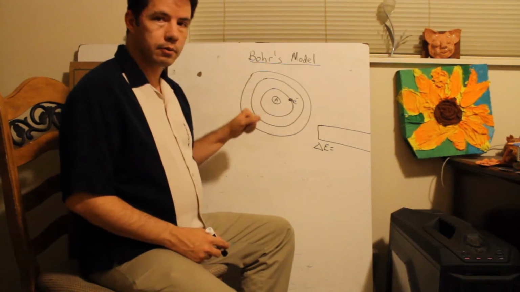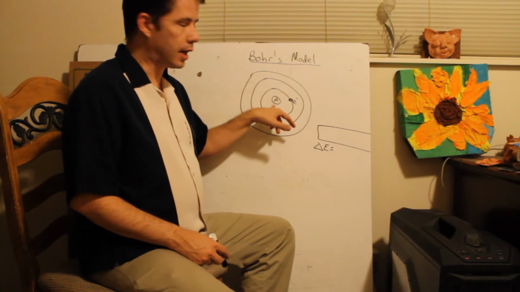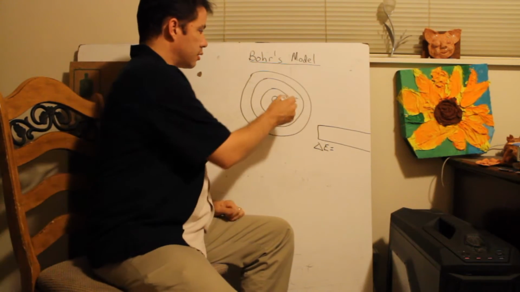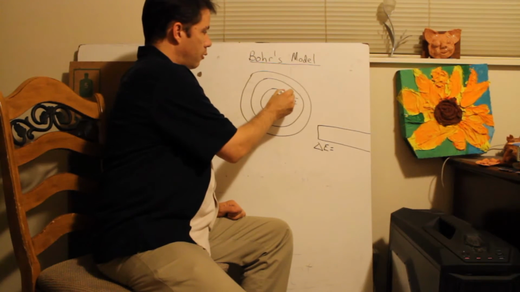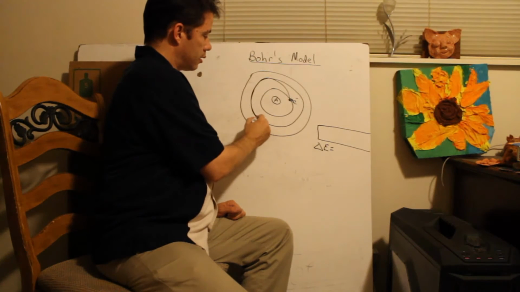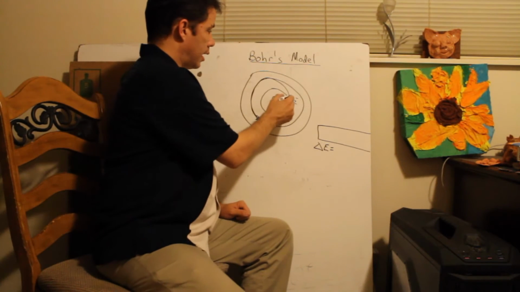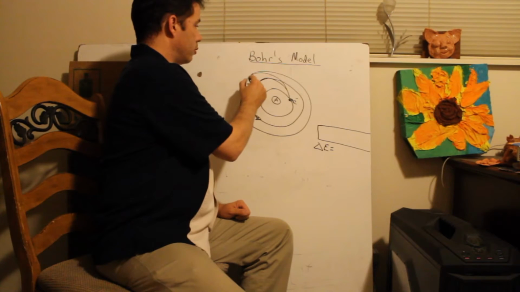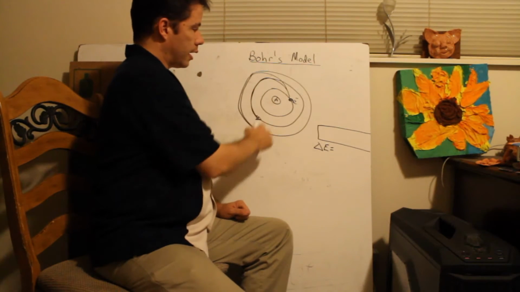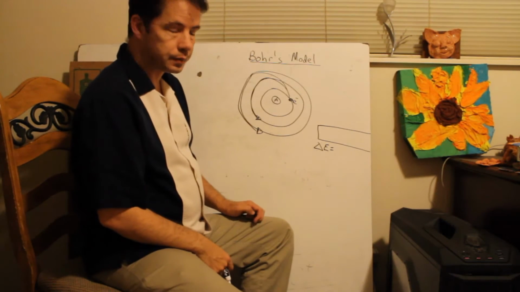If we take an atom and add energy to it, the energy goes to the electrons and causes an electron to go further out and orbit at a higher orbital, further away from the nucleus than when it started.